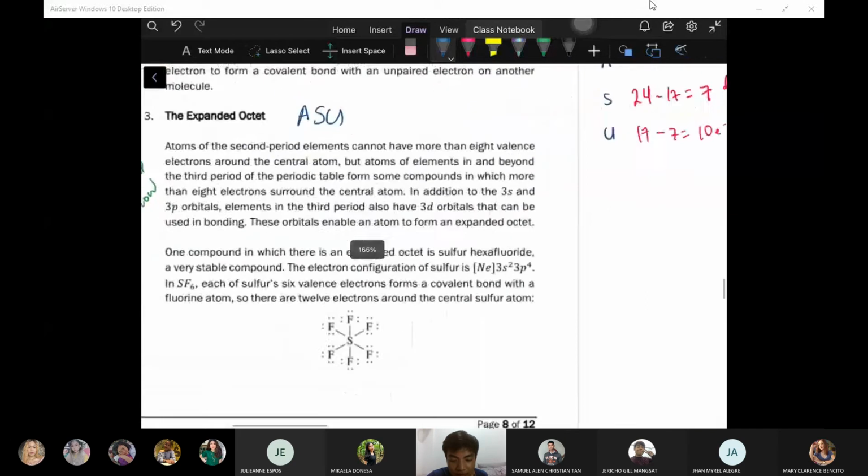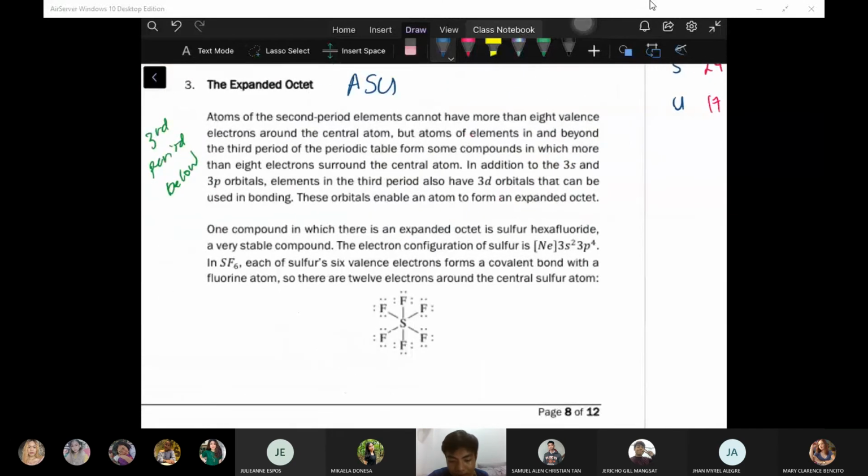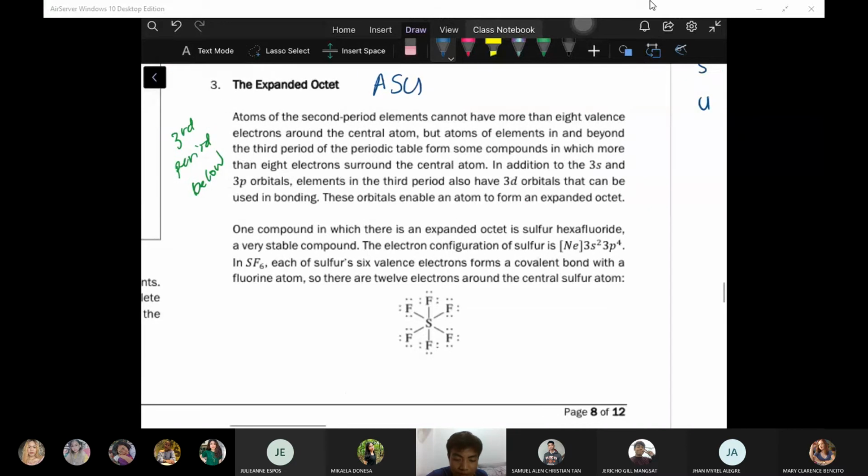And then last one, we have the expanded octet. So for the expanded octet, again, this applies for the central atoms that are third period below. So when I say third period below, it starts from aluminum all the way down to astatine. Diba, hindi ko kabisado periodic table.